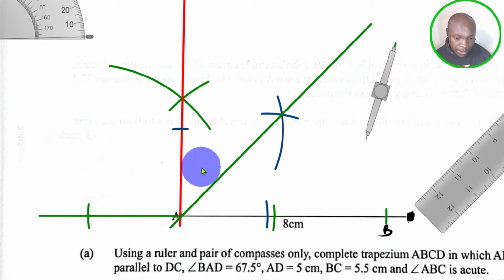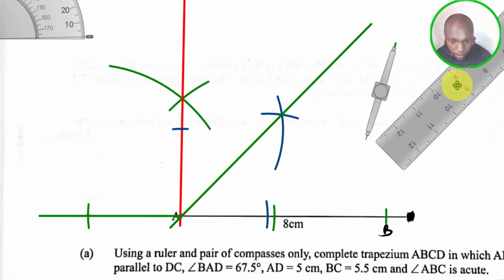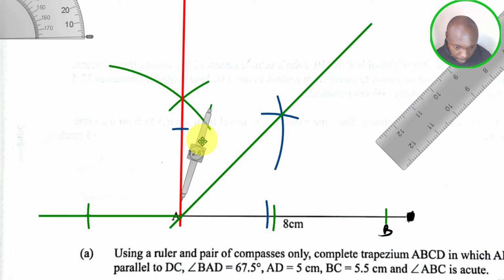So I have to bisect this again. To bisect that, I'll take the pair of compasses. I stand at that point, adjust this a little bit. So I mark an arc there. Then I mark another arc there, bisecting that angle.